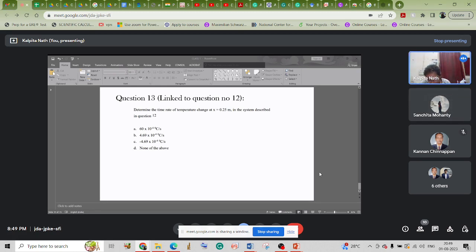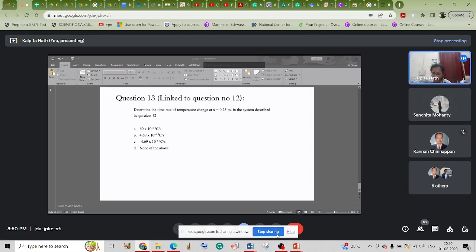Something you have missed, just check that out. It will be independent of position as it is a double derivative. Ma'am, option C. Have you got where the minus sign was left out? Yes, ma'am.